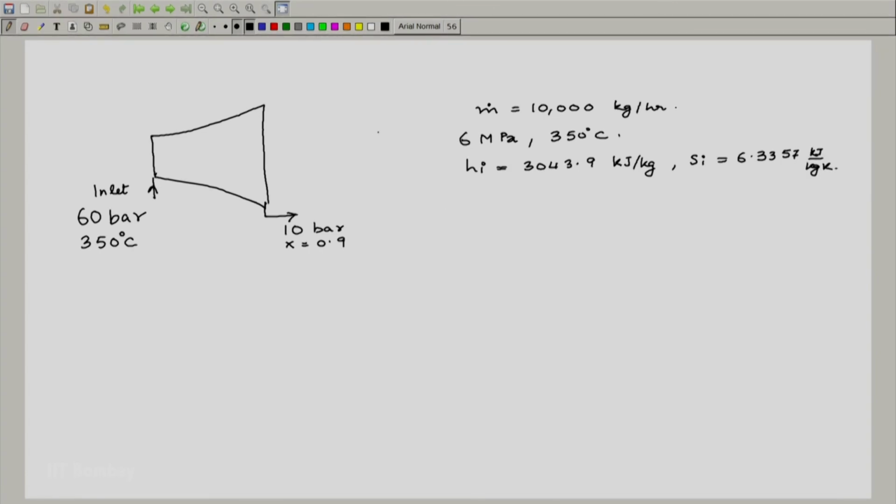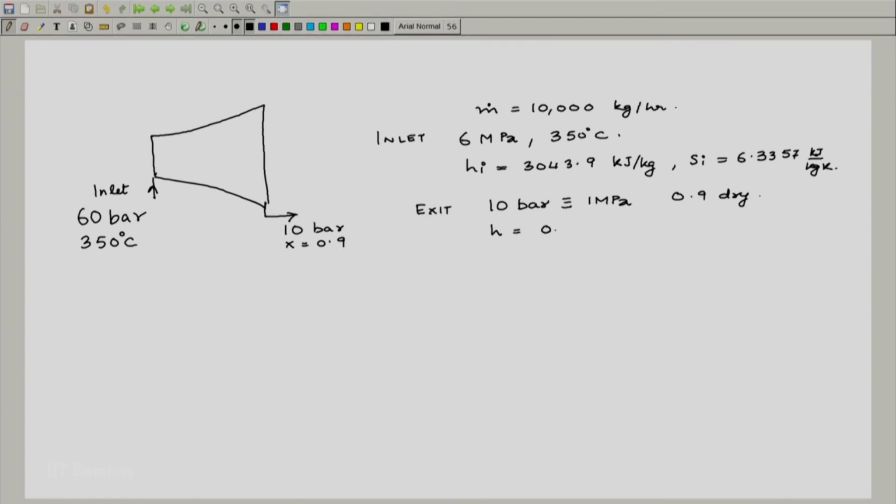So, this is at inlet. What about exit? We know that it is 10 bar, which means this is 1 megapascal, and it is 0.9 dry. So, we can find H easily.